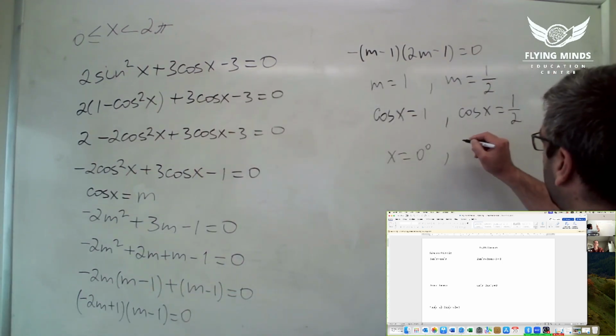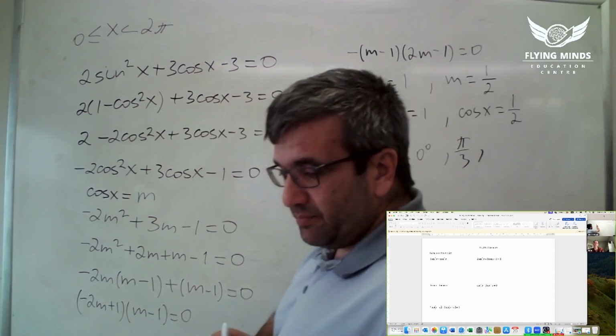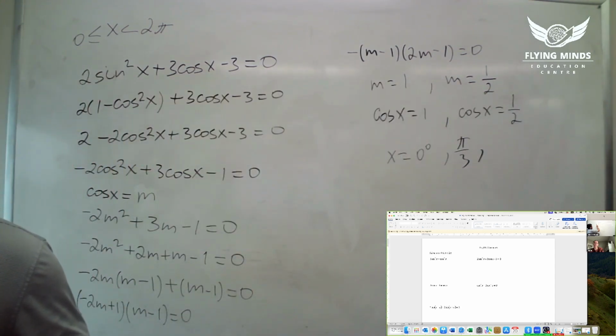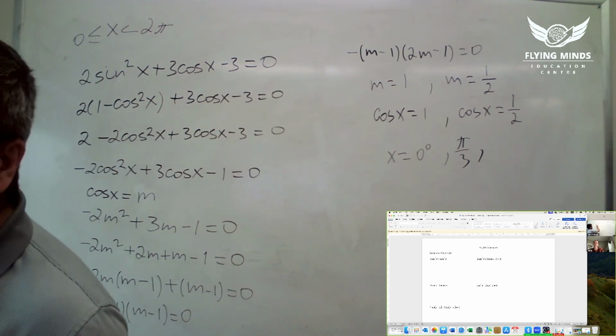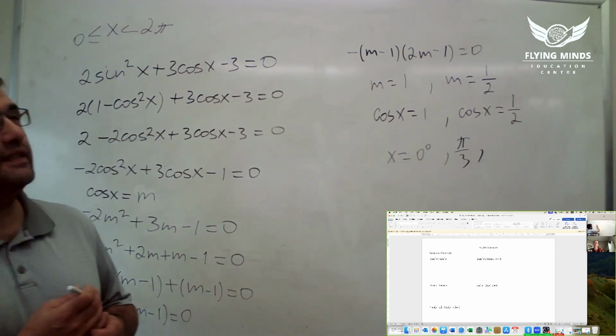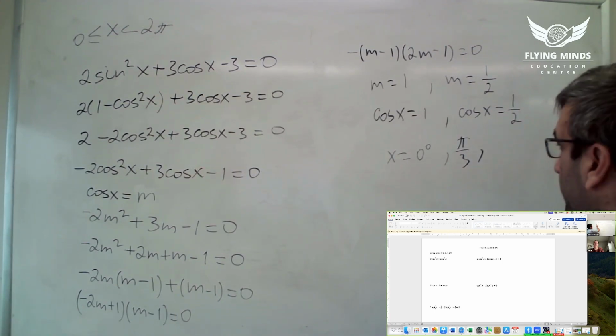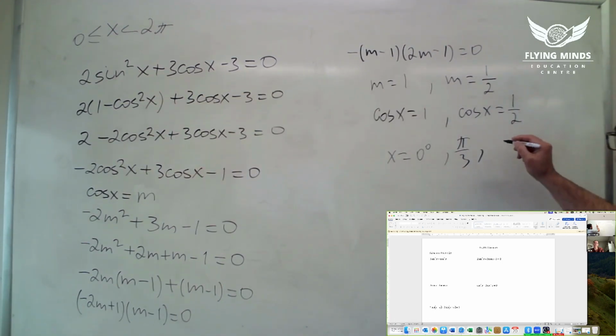And where else is cosine positive? 5 pi over 3, I think. What is it? 5 pi over 3. So it should be 300 degrees, 5 pi over 3.